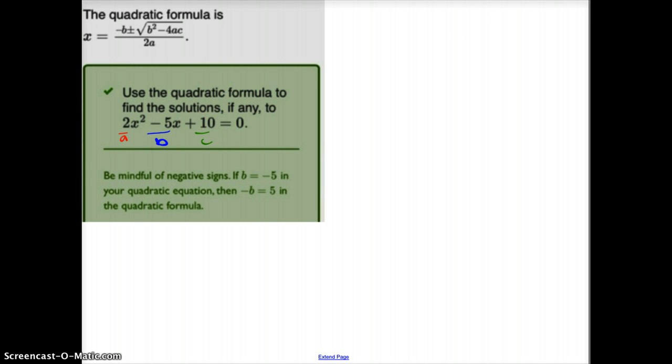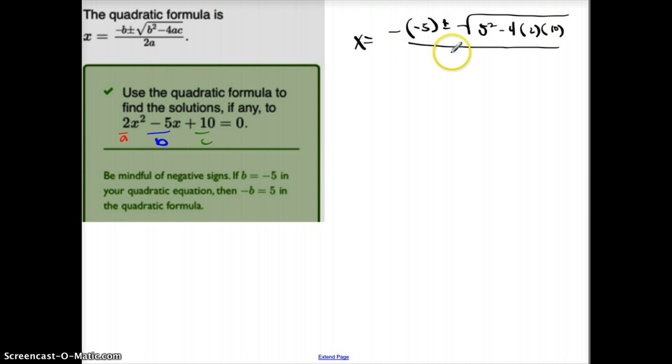Remember it has to equal 0, so we'll have x equals negative, and here's our b value, negative 5, plus or minus the square root of b squared, which is 5 squared, minus 4 times our a value, which is 2, times our c value, which is 10, all over 2 times our a value, which is 2.